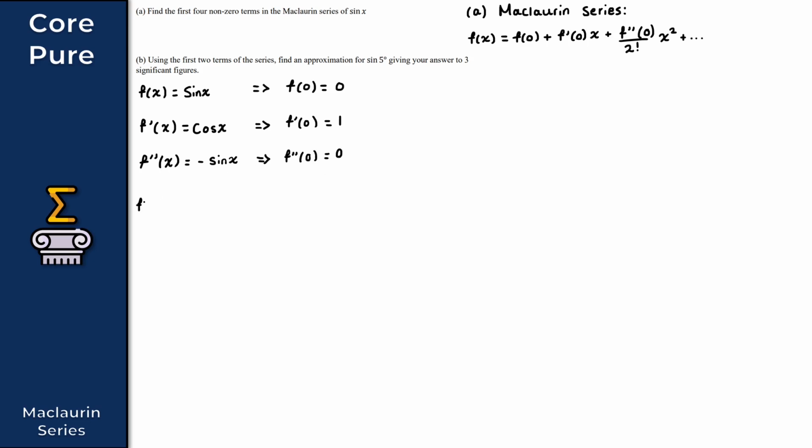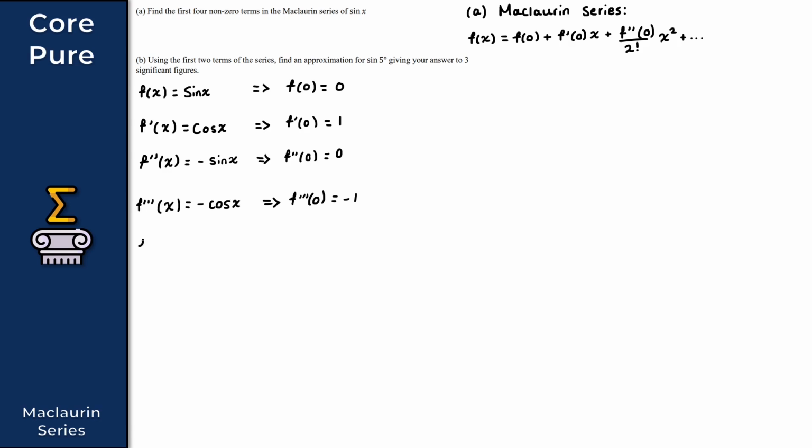For the third derivative, this is equal to minus cos x, and if we evaluate this at 0, what we get is minus 1.